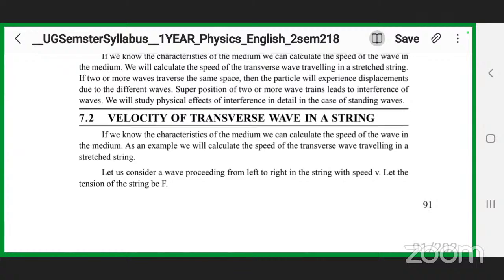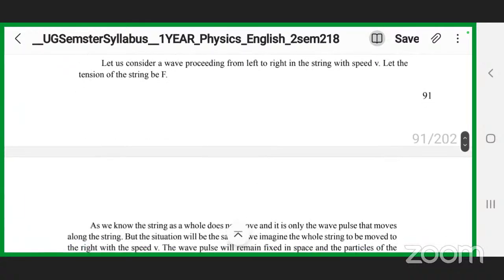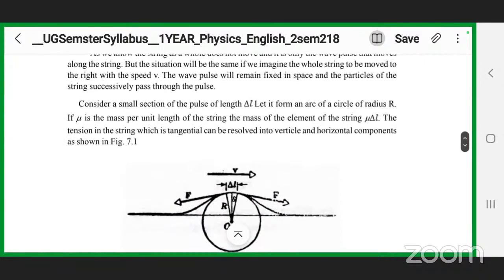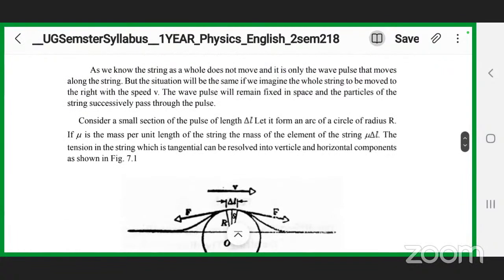The tension of the string, in this textbook, is capital F. The string as a whole does not move, only the wave pulse does, within a short interval of time.